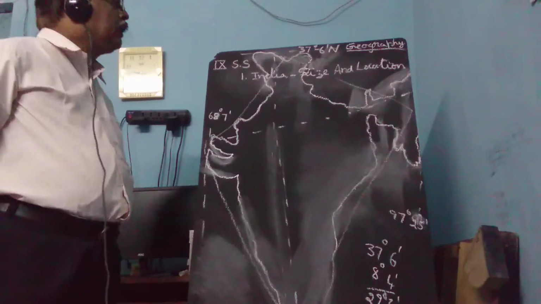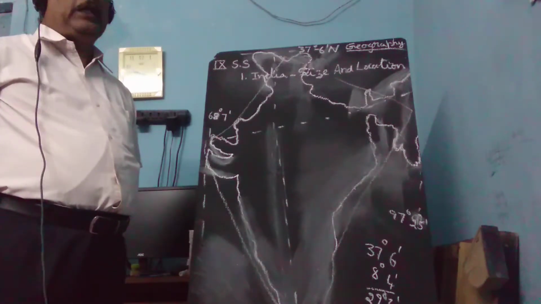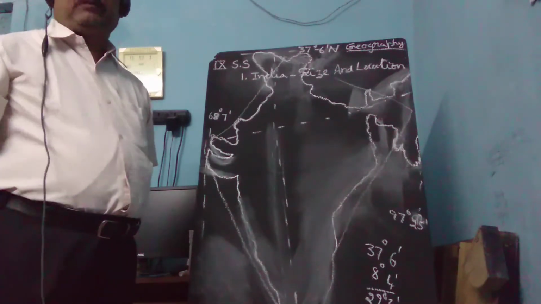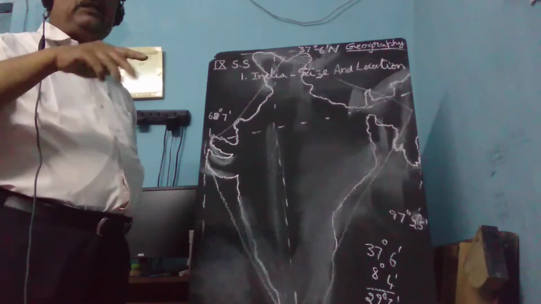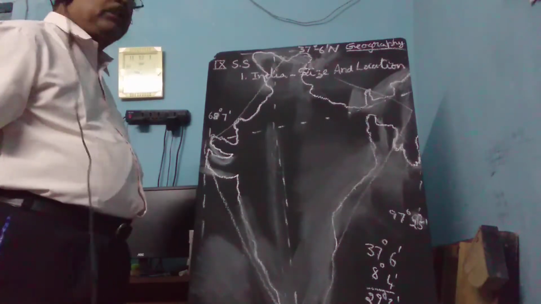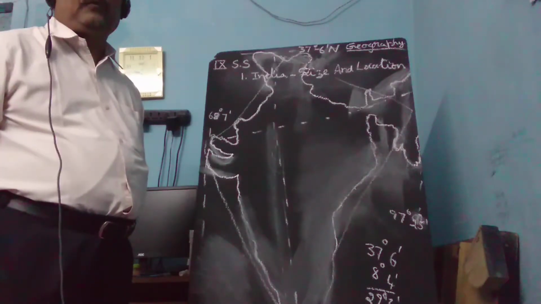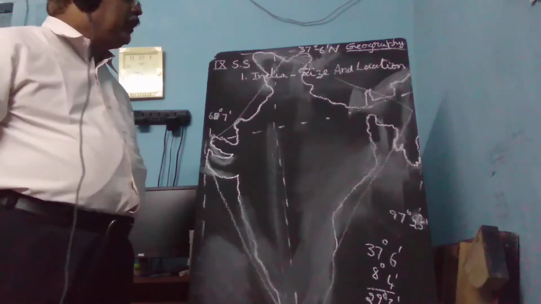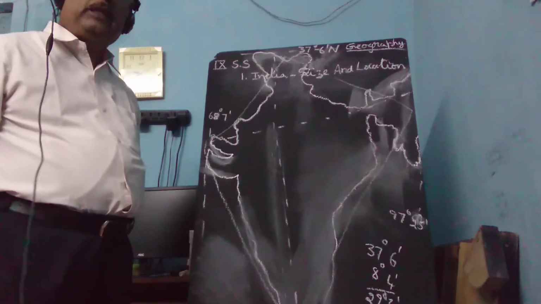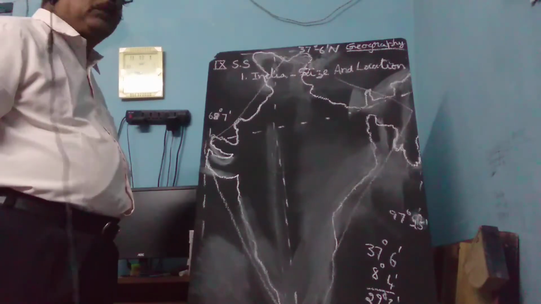There are 180 latitudes, 90 in the northern hemisphere and 90 in the southern hemisphere. In between these two 90s there is one equator, which divides the earth into two equal halves. In which half does India lie? We can say India lies completely in the northern hemisphere.